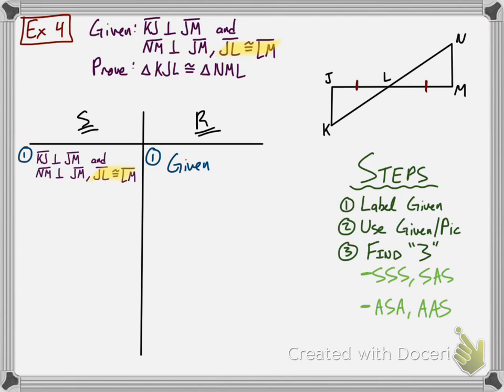So we have KJ is perpendicular to JM, so we have a 90-degree angle formed here at angle J, and we also have a 90-degree angle formed at angle N. So for our second step, angle J is equal to 90, and angle M is also equal to 90. That is our definition of perpendicular.